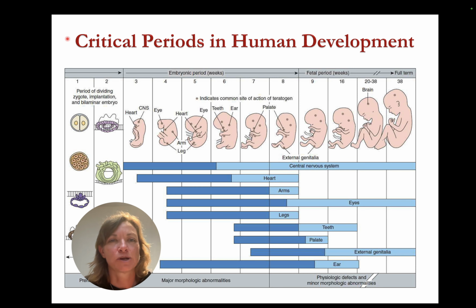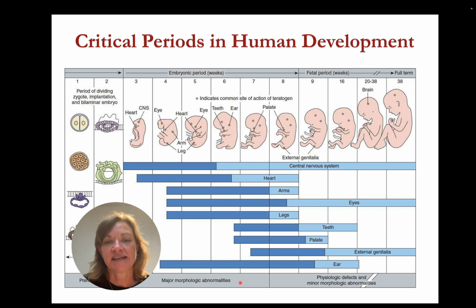Now, this schematic summarizes the critical periods in human development. Early in the germinal period, if there are damaging influences in the prenatal environment, it probably will just result in prenatal death. Probably the pre-embryo will simply be lost.